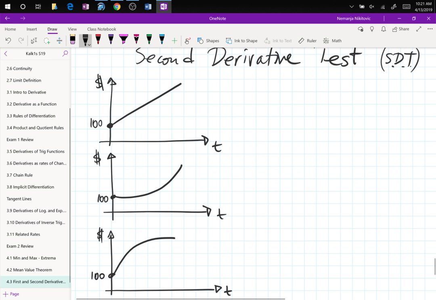Usually my first question is, which one of these makes money in time? And the answer is all of them. Do we all see that they are ending with a higher value to the right? They're all increasing. They're all going to make you money. Now the question is, are they all equally good?